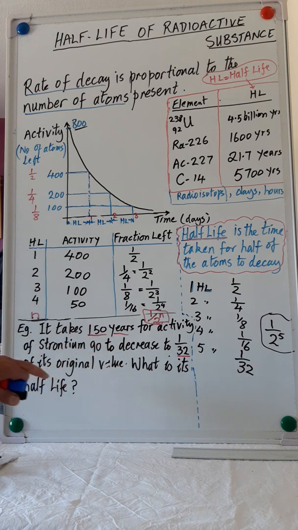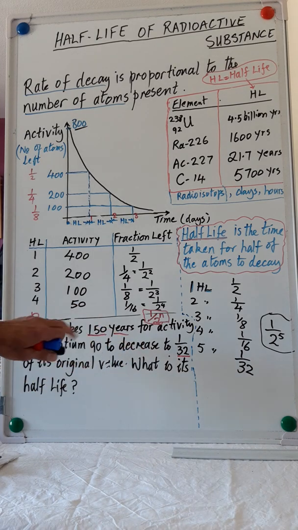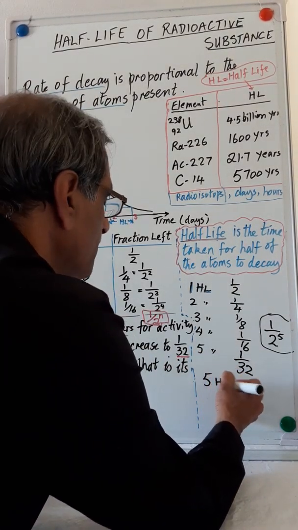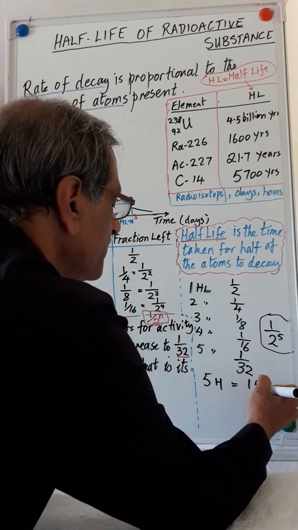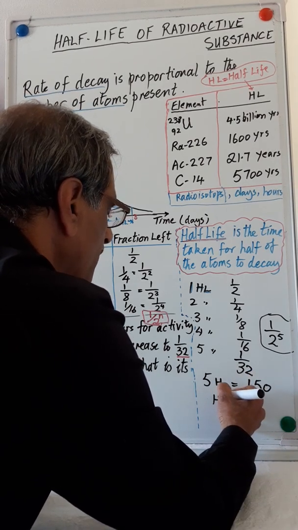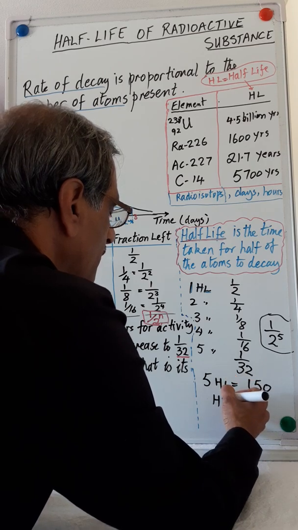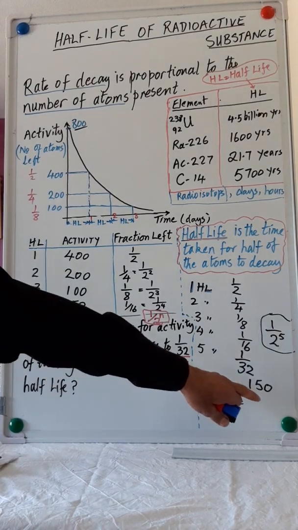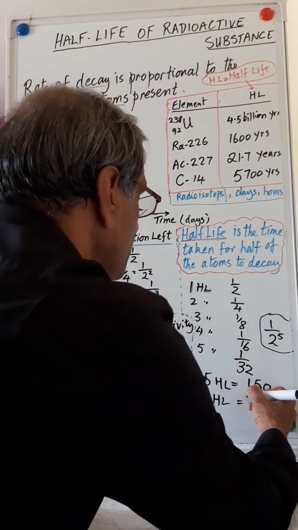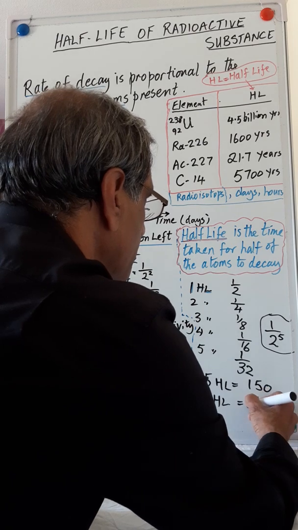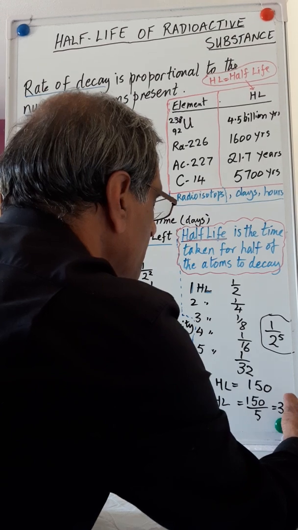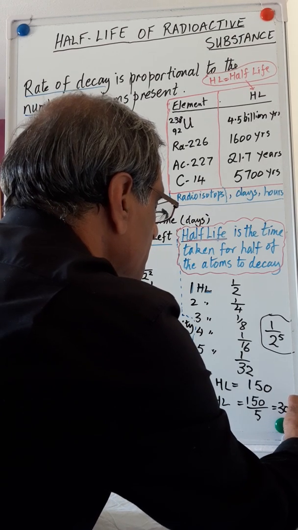It says, what is its half-life? So 5 half-lives is equal to 150 years. So how much is 1 half-life? 1 half-life is going to be 150 divided by 5, which is 30 years.